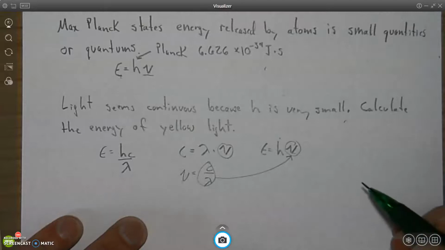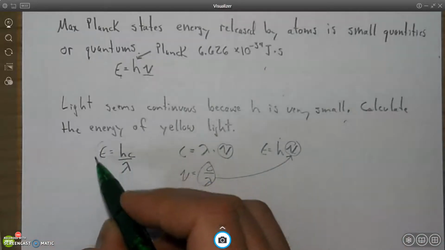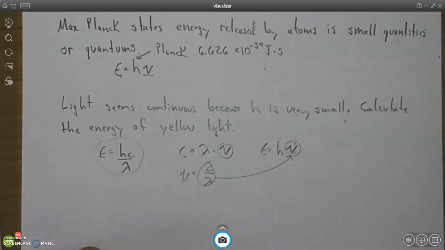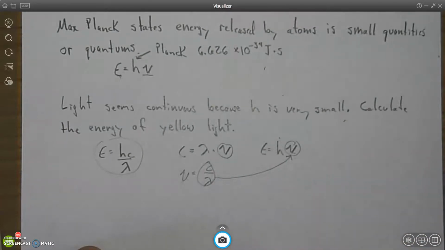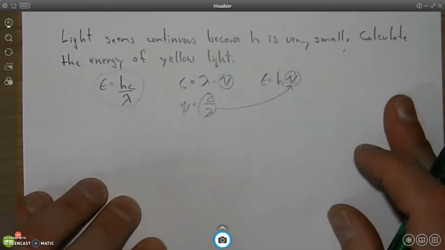So that's the one I'm going to be using. I would probably memorize this equation. You don't have to. Both of these are on your equation sheet that you would have for any quiz or test. It's just helpful. All right, let's take a look.